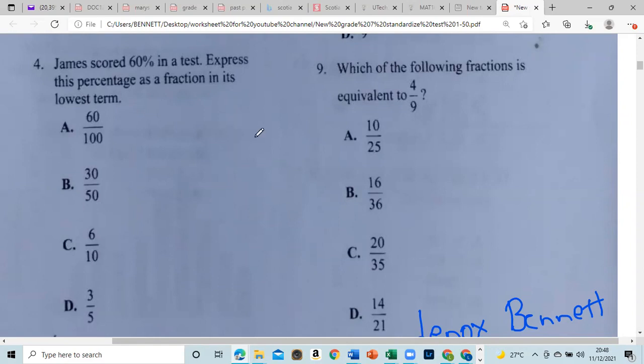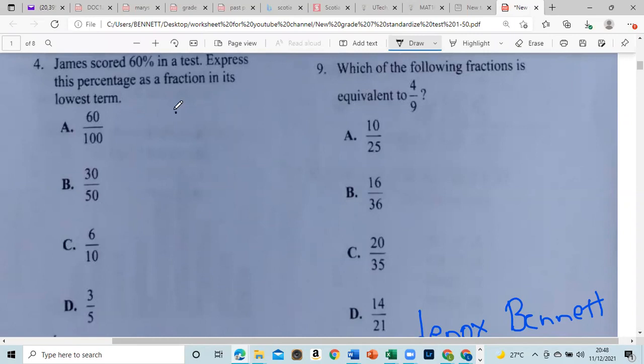So it will be 60 out of 100, and we break it down to its lowest terms. You guys should be able to do that. We can divide by 10, and then we divide by 2. 6 divided by 2, rather 2 can go into 6, 3 times. 10 divided by 2 is 5. So there we have it. Our answer is 3 out of 5.